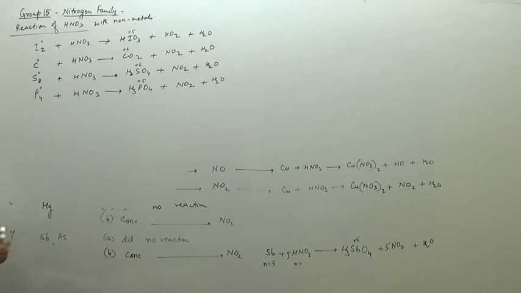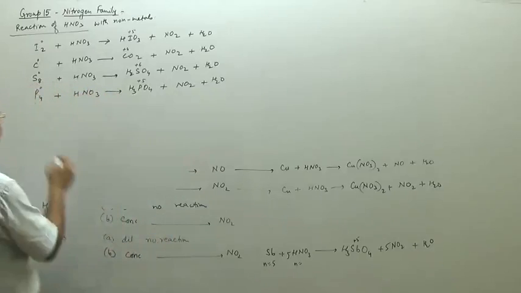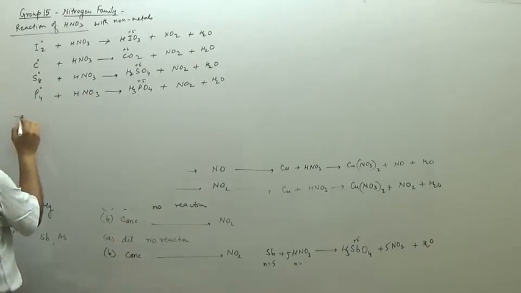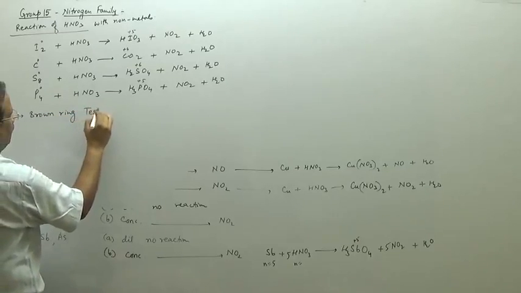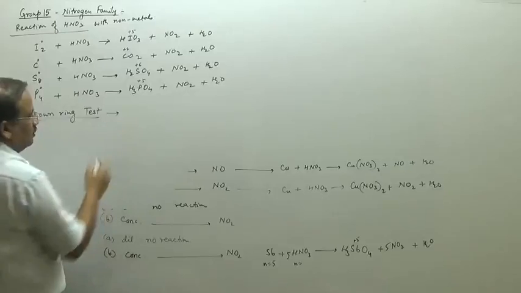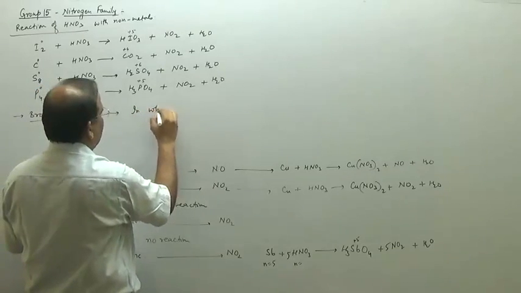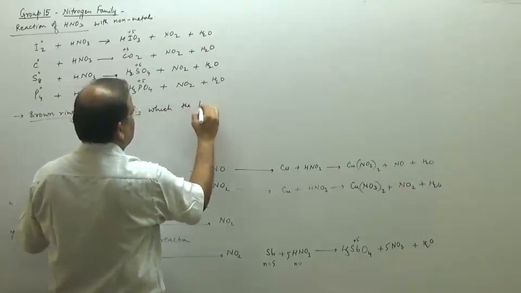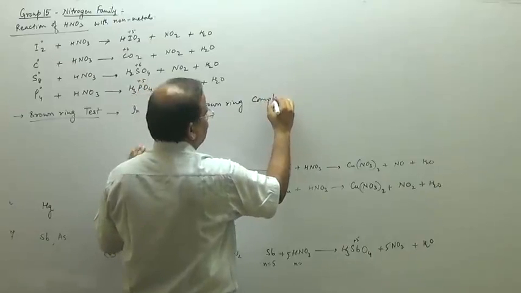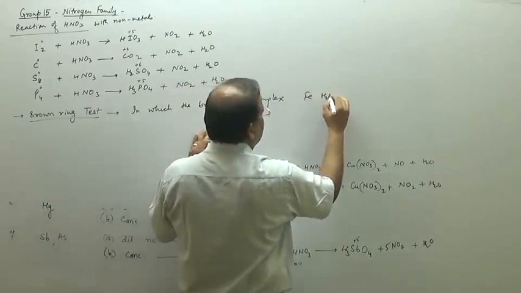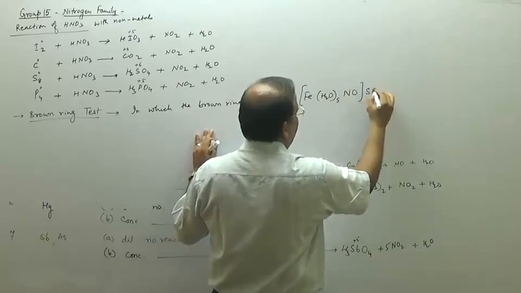Now I wanted to tell you about the brown ring test. You already know what the brown ring test is. The brown ring complex we get is [Fe(H2O)5NO] sulfate.